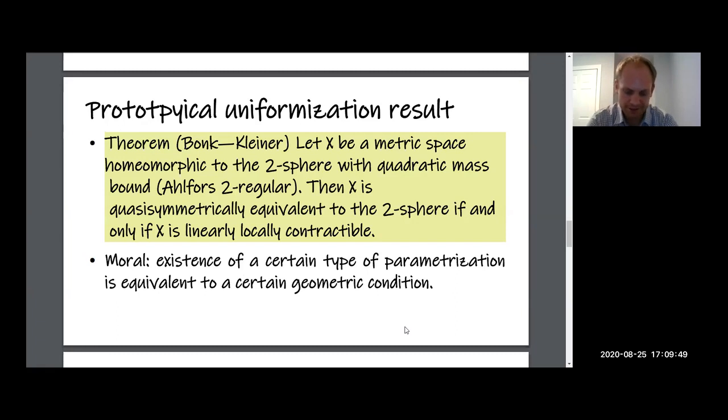The main thing I want to emphasize here is the form of the theorem: the existence of a certain type of parametrization is equivalent to a geometric condition on the space. In other words, from that geometric condition, you can construct, as it were by hand, a mapping with strong geometric properties.